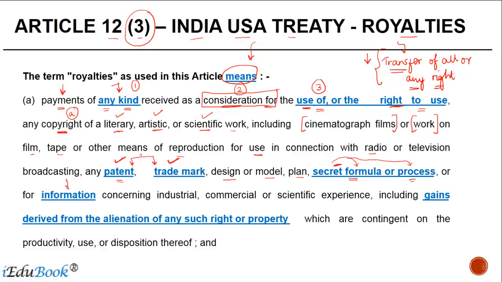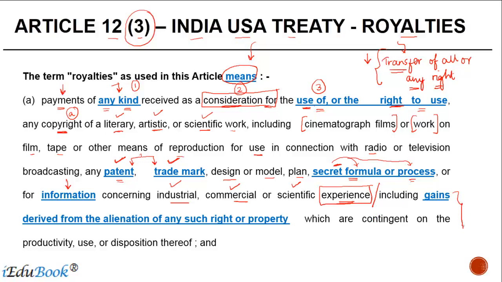Or information concerning industrial, commercial, or scientific experience. So if I have gained some experience, which is in the nature of industrial, commercial, or scientific experience, and allow someone else to use that experience, and for that they make me a payment, that is going to get covered over here. Now, normally your treaty definitions would end over here, right?